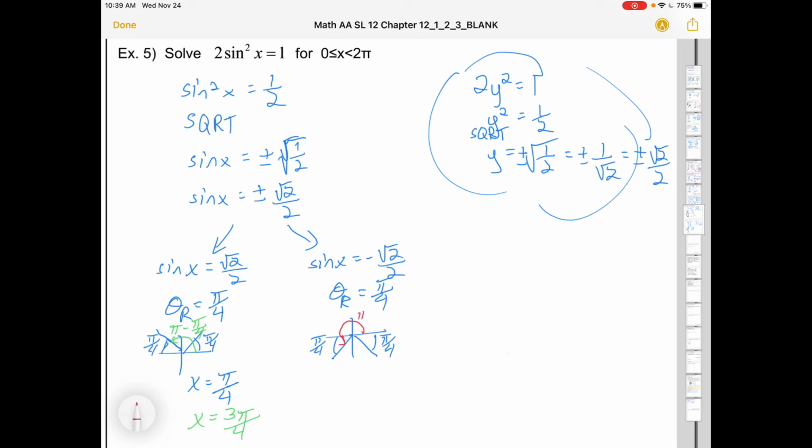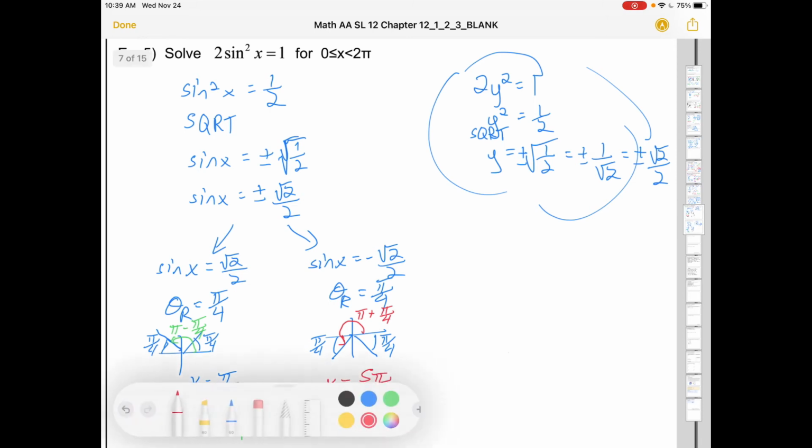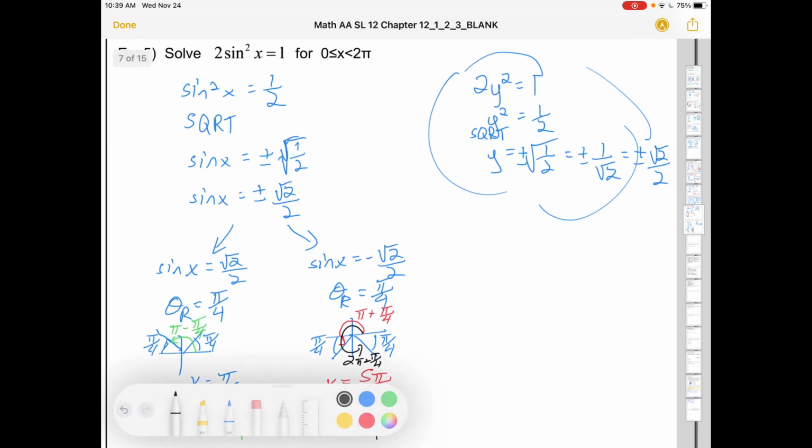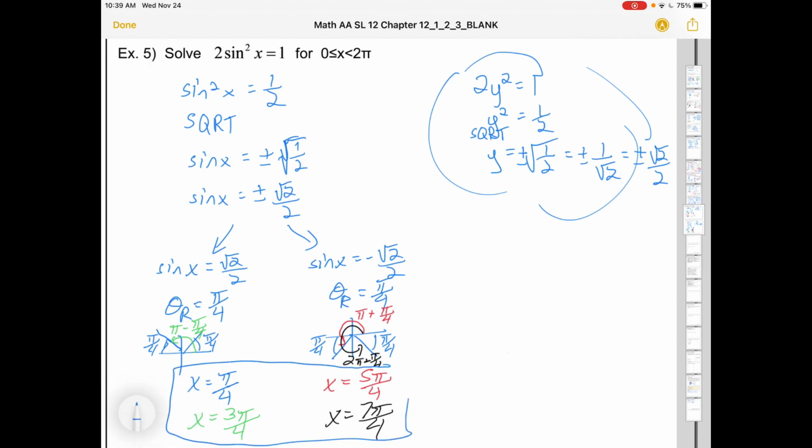This first one's going to be pi plus pi over 4, which would be 5 pi over 4. And this last one is going to be 2 pi minus pi over 4, or 7 pi over 4. And here we go. So that gives us a way to solve these.